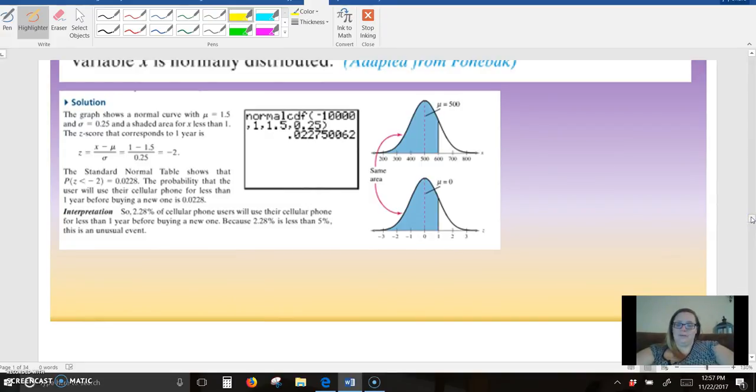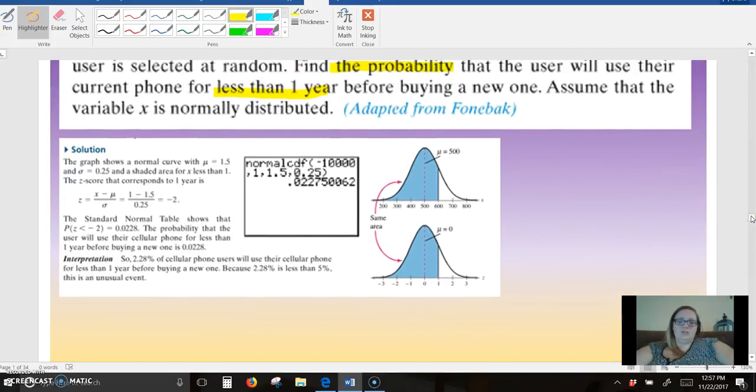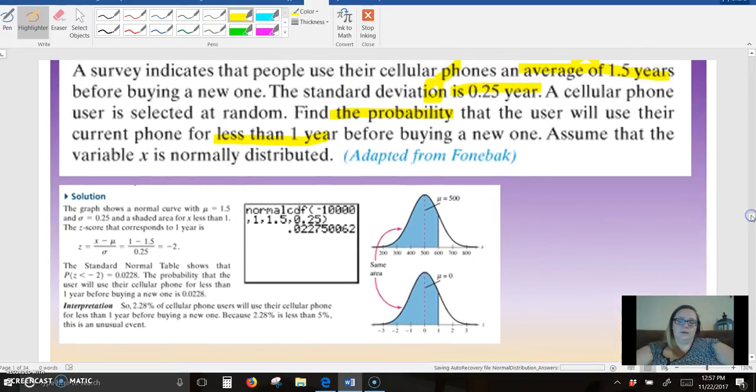You can do a couple of things. To do it by hand, the first thing we need to do is find the z-score. It's the value, so 1 right there, minus mu, right there, divided by the standard deviation.